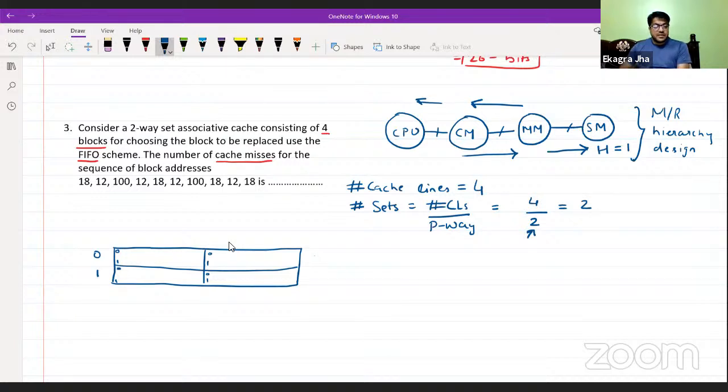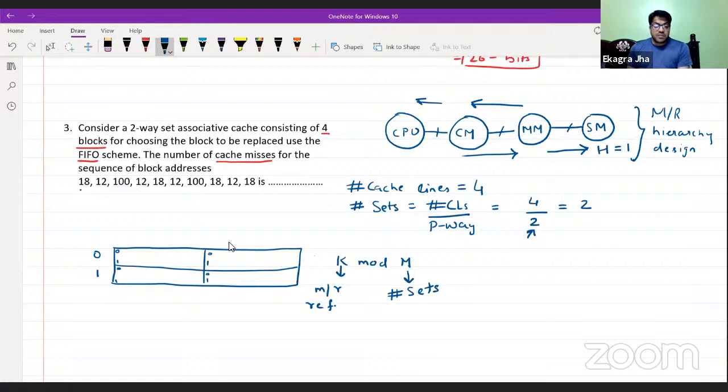To get the data into this particular cache, you must have some mapping function, just like in the direct mapped cache. Because you have the number of sets as 2, the mapping function will be k mod m, where k is the memory reference and m represents the number of sets.